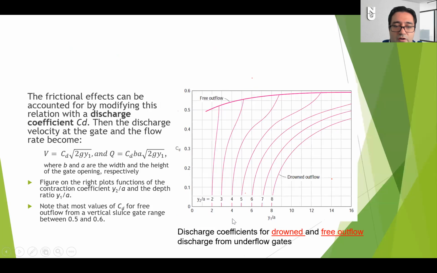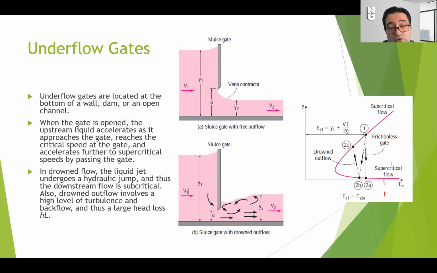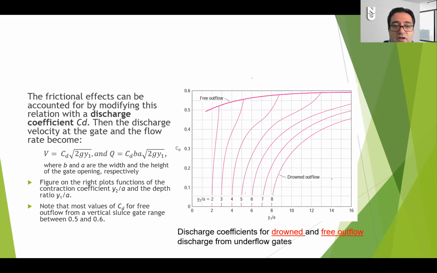If it is 4, then you will go up and hit the line for free outflow. For free outflow, the value is something like 0.54. You will go up. But if it is not free outflow, if it is drowned outflow, then you will follow this one.